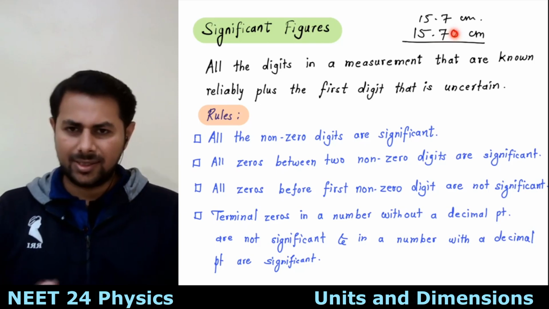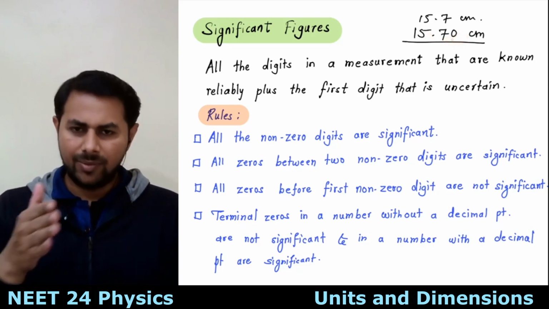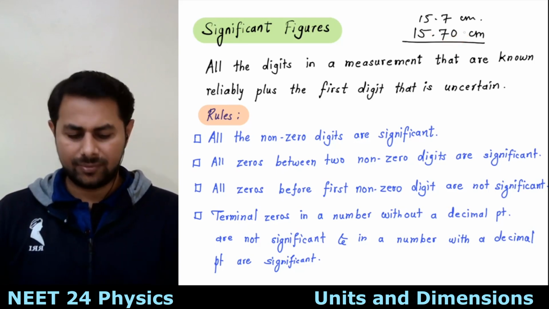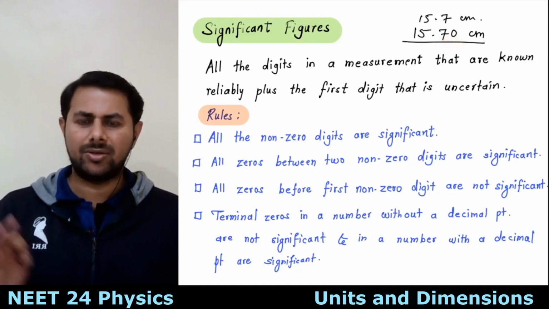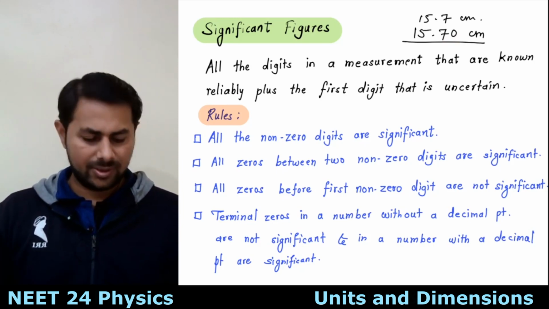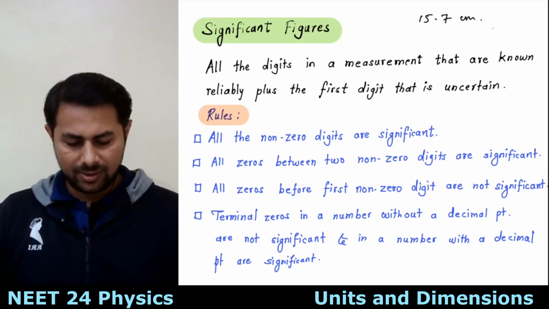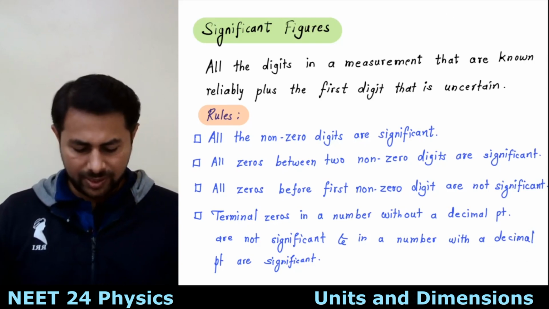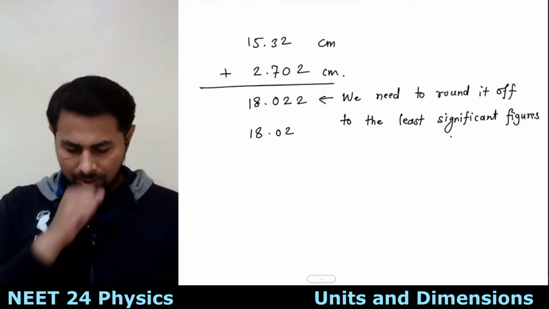So if you have a decimal point, these trailing zeros tell you about the precision of the instrument. This thing is clear? Yes, sir. So that's why they are important. They are significant. Very good.